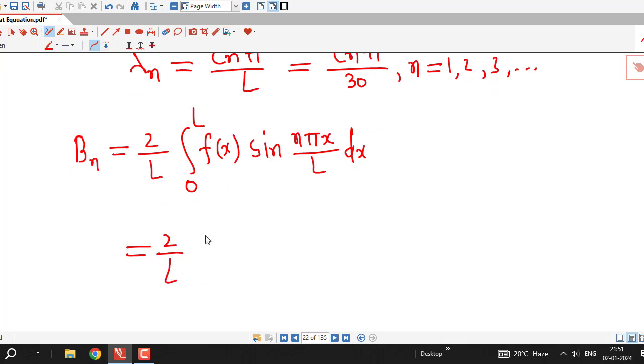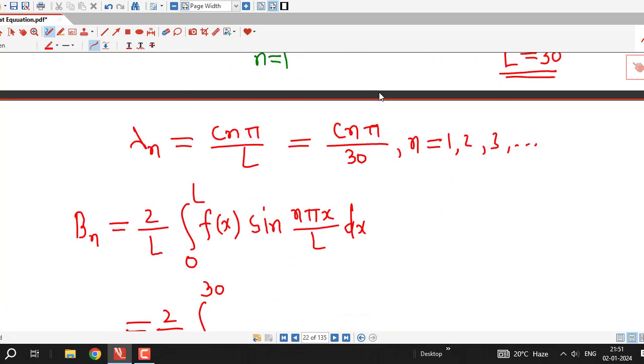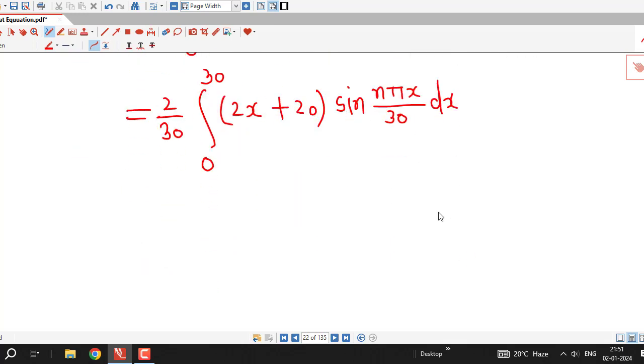f(x) is given by the initial condition, value of L is 30, so let me take L equal to 30 here. Here also I am writing 30. f(x) is given by the initial condition, that is temperature at time t equal to 0, which is 2x plus 20. So here I am writing 2x plus 20, and in sin n pi x by L I write L equal to 30, integral with respect to x.